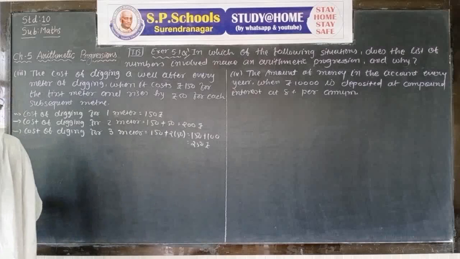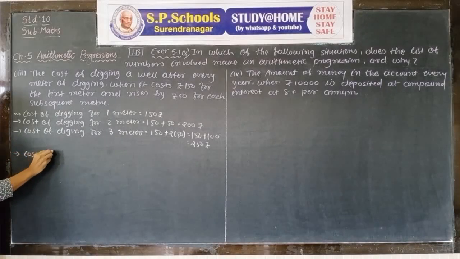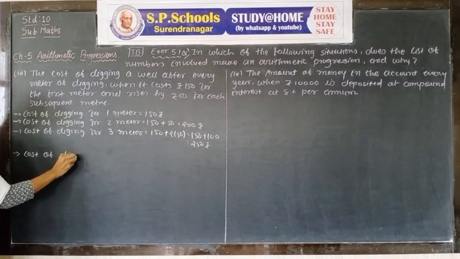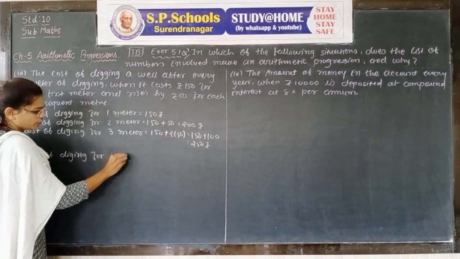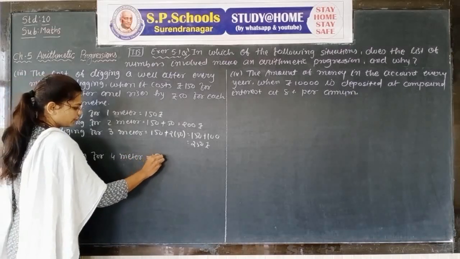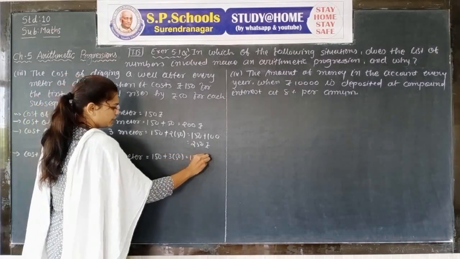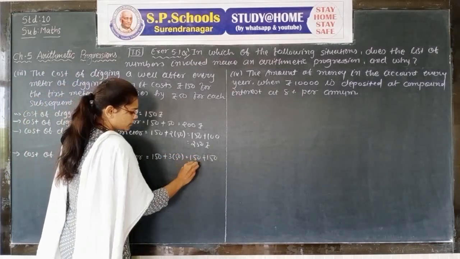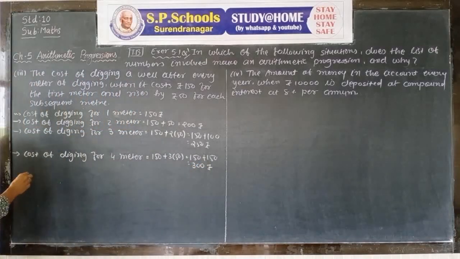Now we need to find the fourth number. Cost of digging for 4 meters is equal to 150 plus 3 into 50, which is 150 plus 150, equal to 300 rupees.